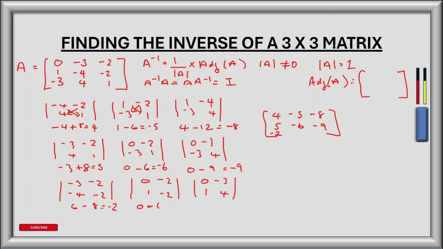Minus times -2 equals 2. Add 2 in here, and we have 0 times 4 is 0, minus, and then 1 times -3, that becomes a +3, so -3, that equals 3.